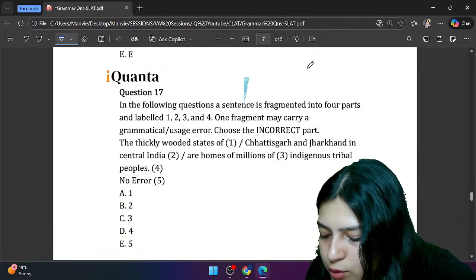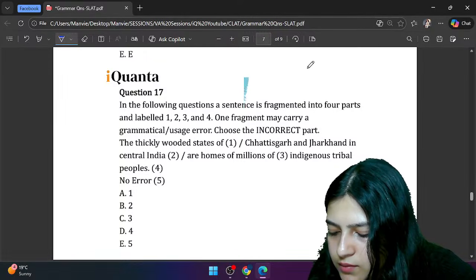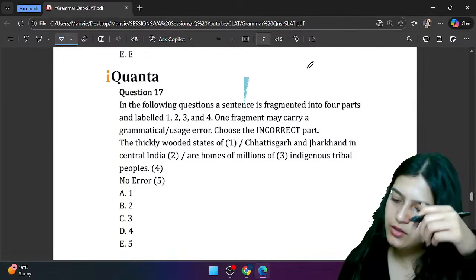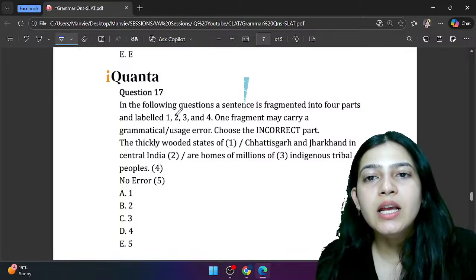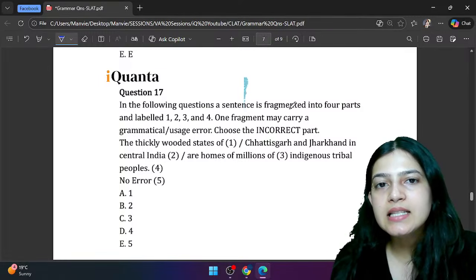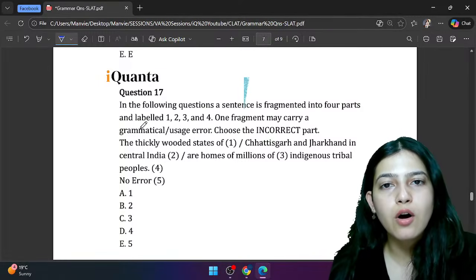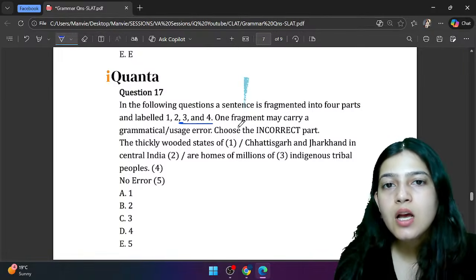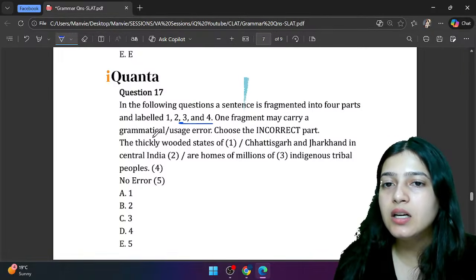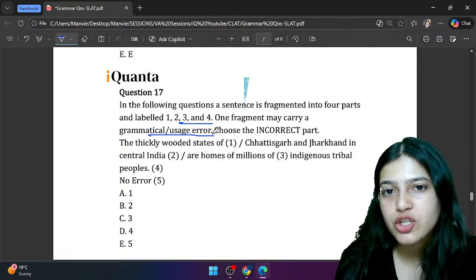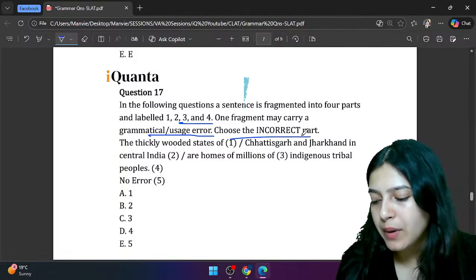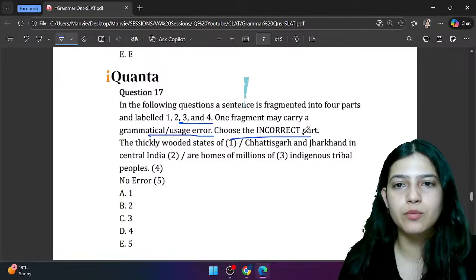Manu Raj Gaur. Understood? Okay, next question. In the following questions, a sentence is fragmented into 4 parts and labeled. One fragment may carry a grammatical usage error. Choose the incorrect part. You need to find the incorrect option here.